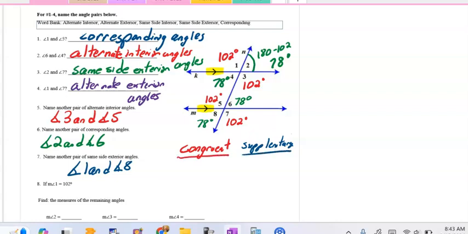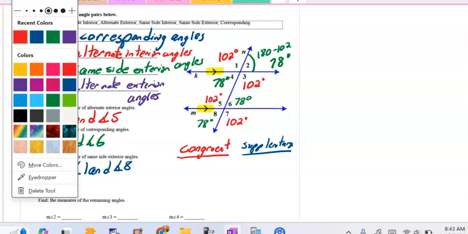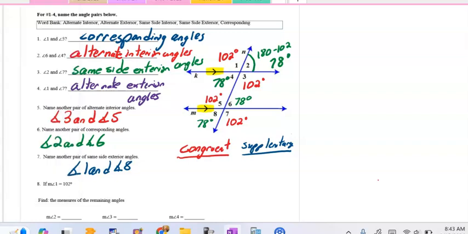So if we look at the vocabulary, you should notice that the corresponding angles are always congruent. So 1 and 5, 3 and 7, 4 and 8. So corresponding angles are always congruent. If you look at 4 and 6, 3 and 5, you'll notice those are congruent.